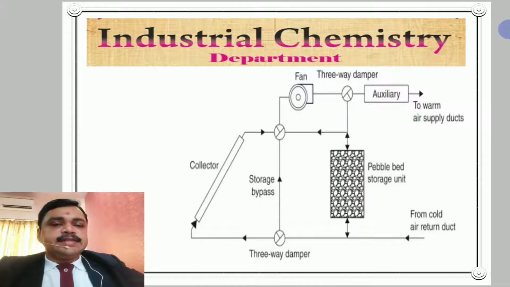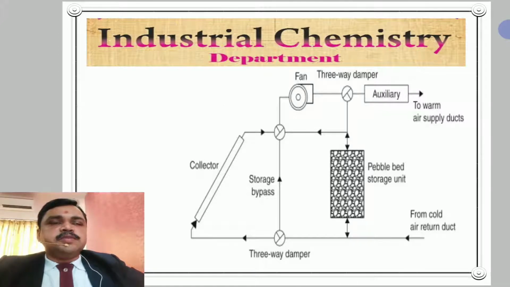An indirect type of active device is used when the solar radiation falling directly on the product is not adequate or the temperature of the product needs to be controlled.